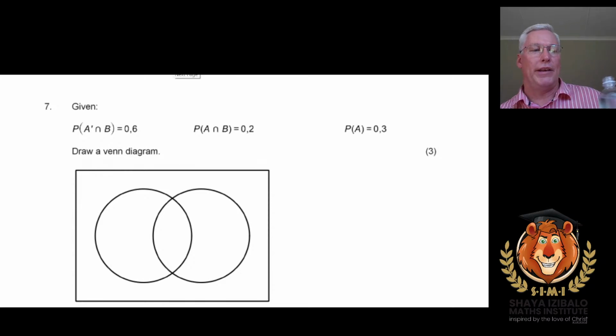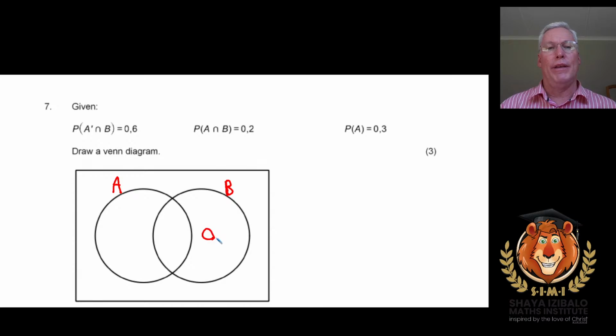Okay, this question tells us the probability of not A and B is 0.6. So I'm going to call that one A, and I'm going to call the other B. This area here is not A and B. It tells us that the probability of A and B is 0.2.